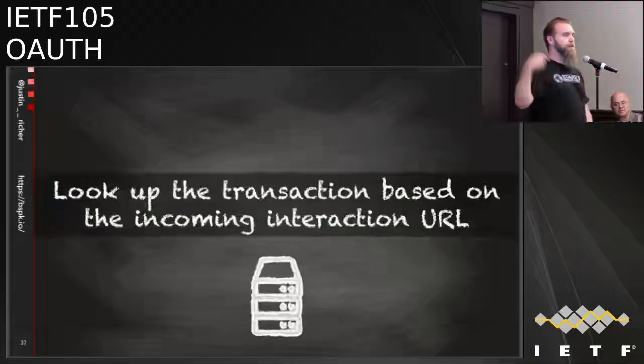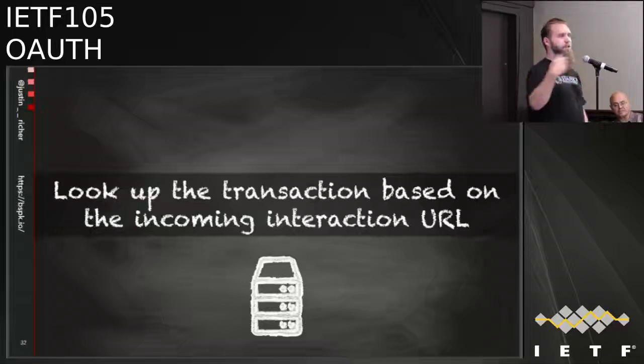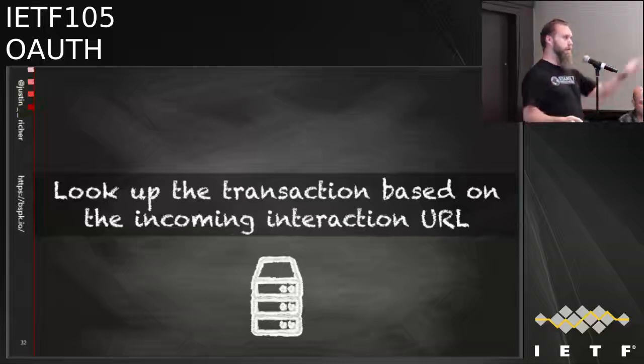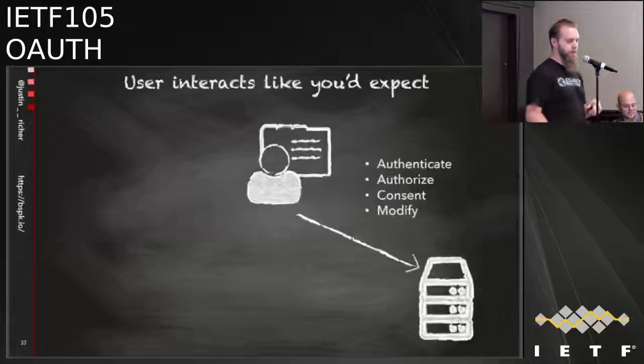And the authorization server looks up the transaction information based on that unique incoming URL. That tells us what client we're talking to, what keys have been verified, what's being asked for, maybe even information about what user we're expecting, which can close a lot of the attacker problems, including the pixie-based attack that we were hearing about before, if the client knows something about what the user is.